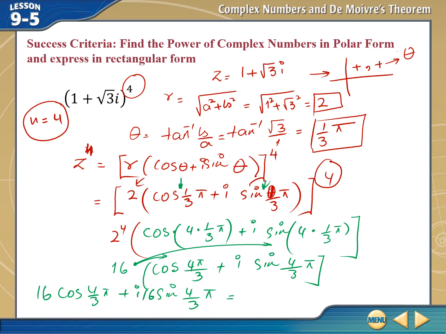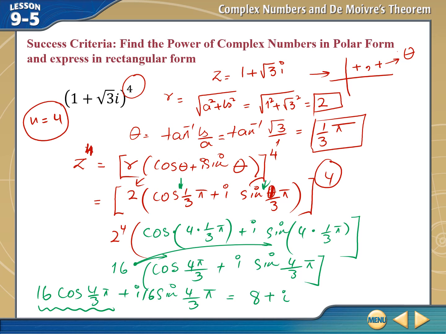So now one by one write down in the calculator 16 cos 4 by 3 pi. Let me just check that I am not mistaken anywhere. So let me just correct my thing.